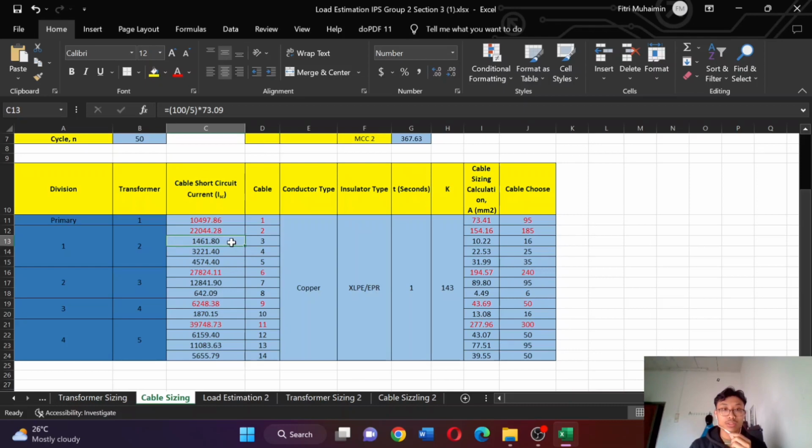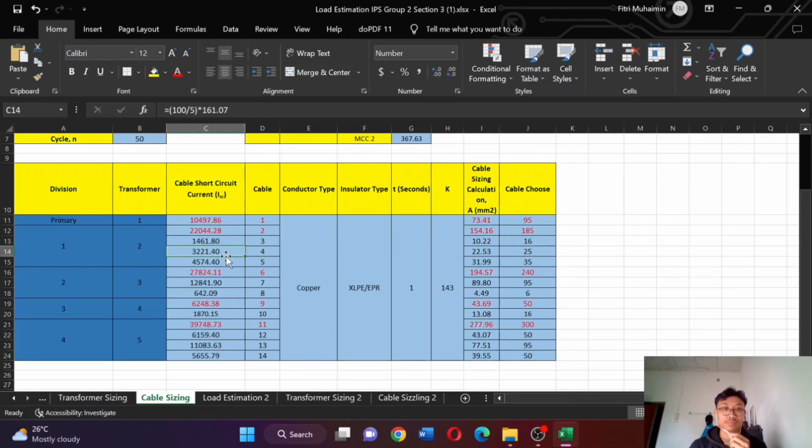So this one is for the motor. We get a short circuit current of 1461.80, and the A is 10.22. So the cable that we choose is 16.